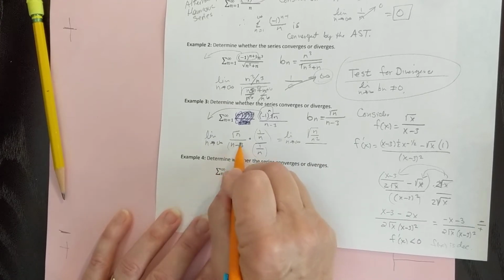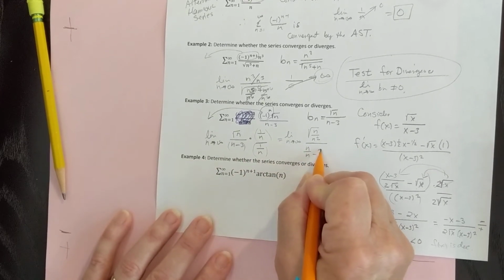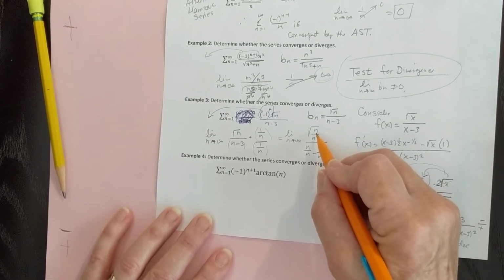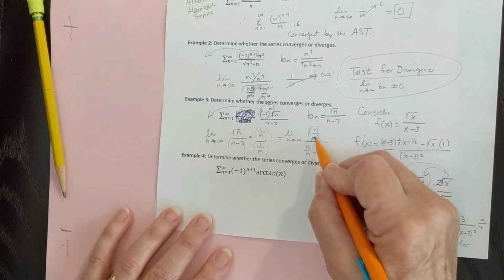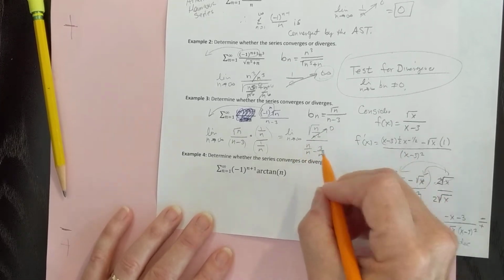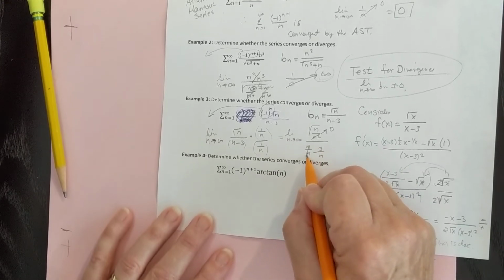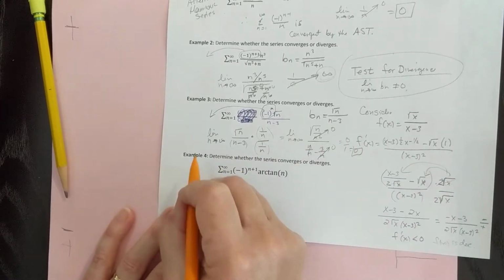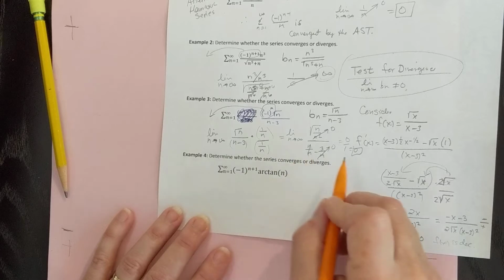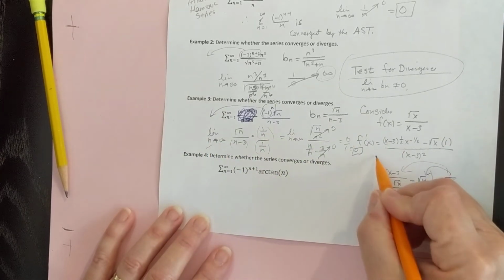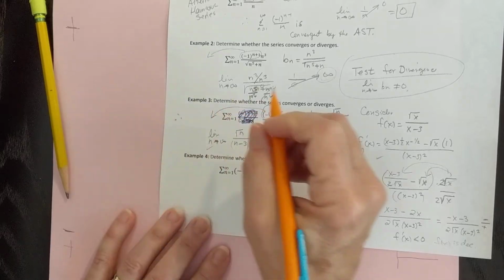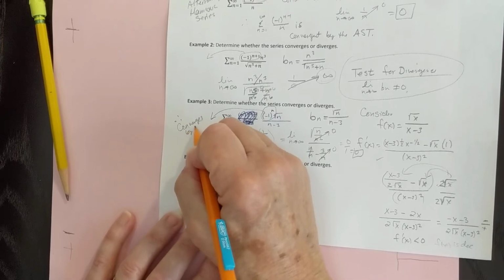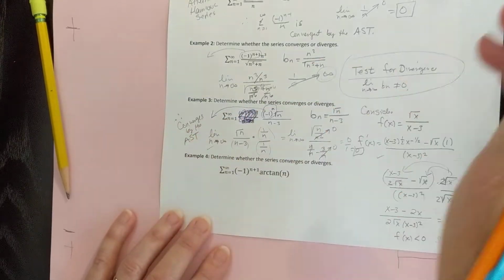And the denominator would be n over n minus 3 over n. The numerator, the square root of n over n squared, is really the square root of 1 over n, and this is going to 0 when n is very large. The denominator is 1 minus 0. So basically we have 0 over 1, which is 0. So the limit as n goes to infinity of b sub n is 0. That's the second condition. It was decreasing, so we can say this converges by the alternating series test.